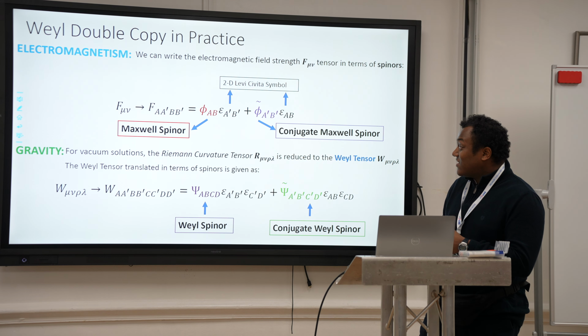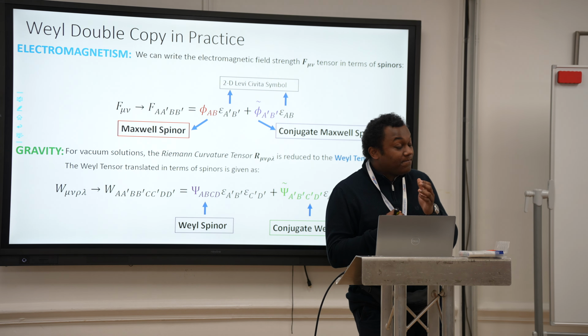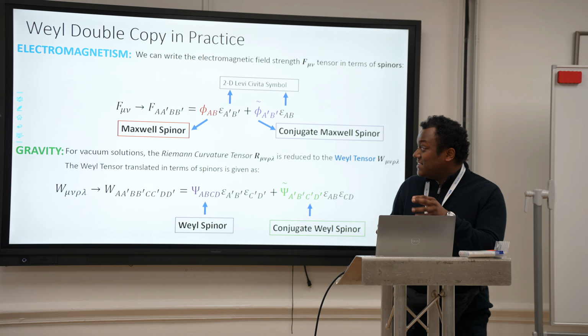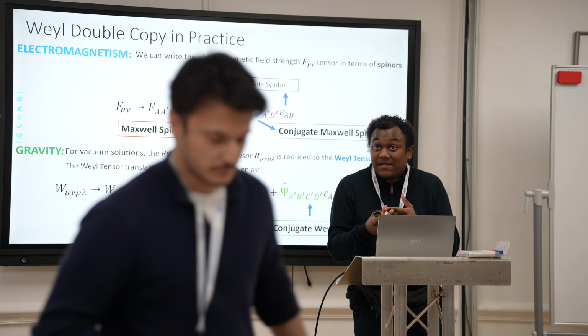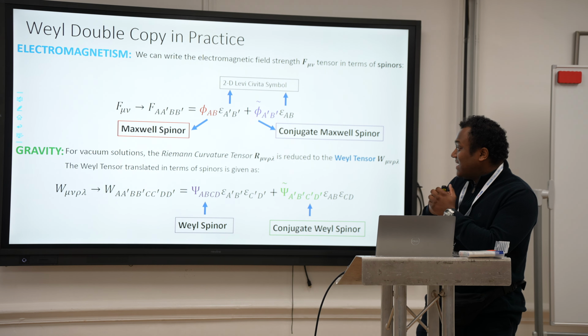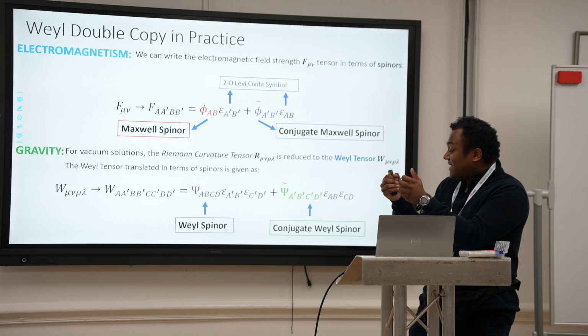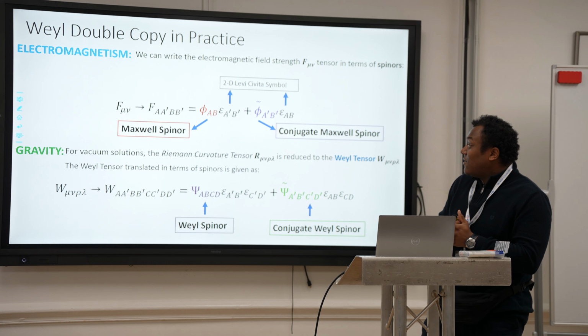We take its spinor translation, which all we do is that for every tensorial index in our tensor space, so our μ, ν, we replace it by two indices. So we replace it with a primed index and an unprimed index. In this case, you see the equation here, we take our electromagnetic field strength tensor, a two-index object in tensor space, we move into our two-component spinor space, and it becomes a four-index object.